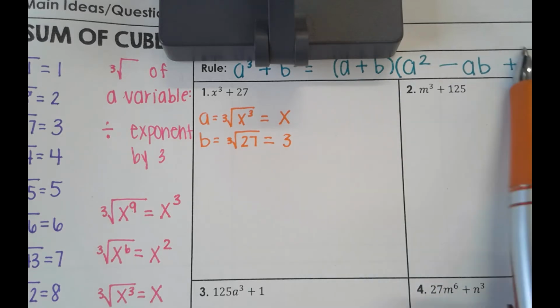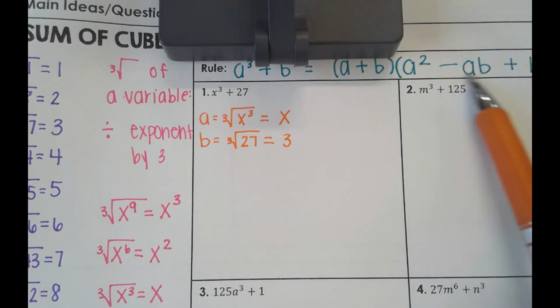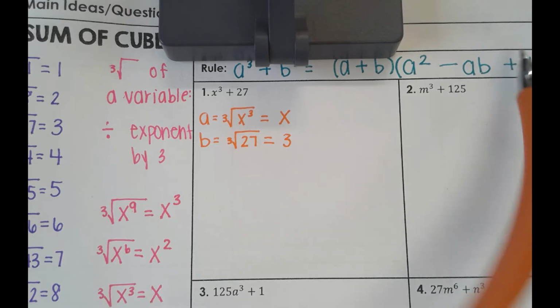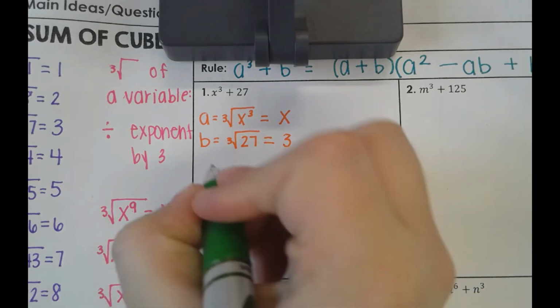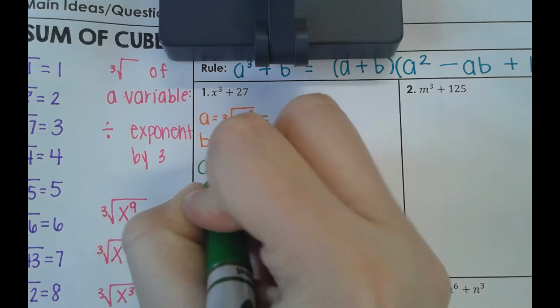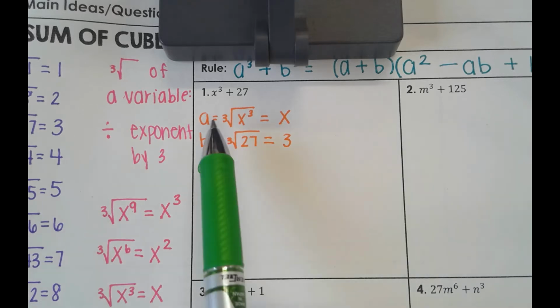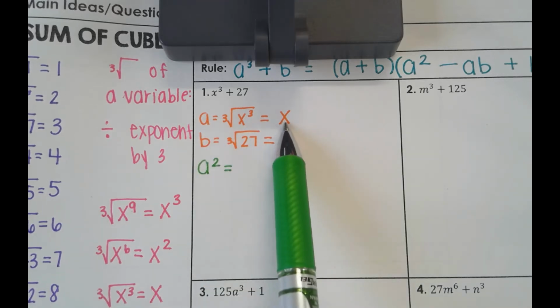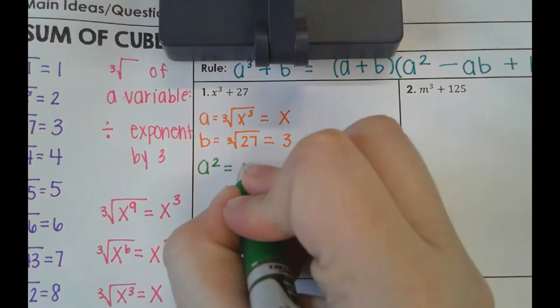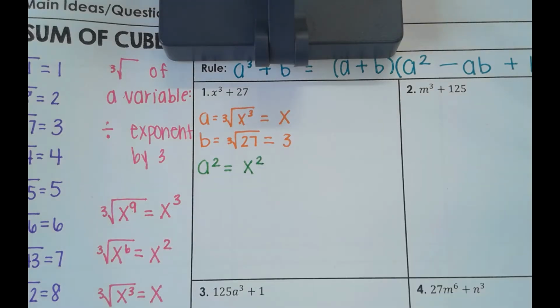So we got enough for these two. What's going to be a little tougher is finding what we need for the second set of parentheses. So let's do a squared. Well, my a is x, so x squared is just x squared.